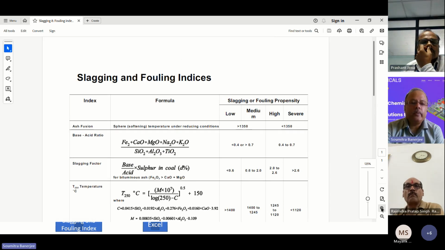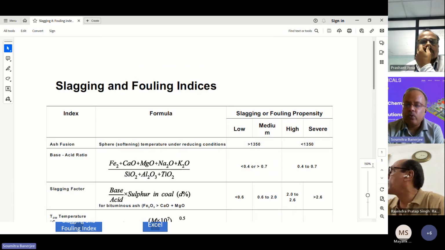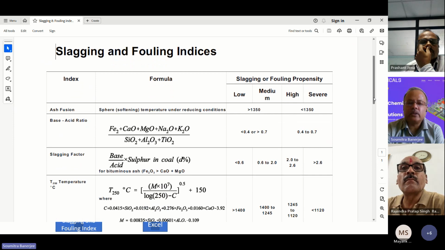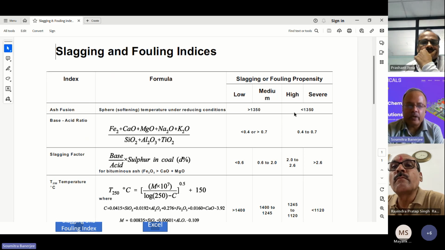Now, these are the things which we need to understand when we talk about slagging and fouling index. Here is the propensity of slagging and fouling. I think you will be able to see my cursor. Slagging and fouling propensity: low, medium, high, severe. So, ash fusion temperature below 1350 is high and severe.